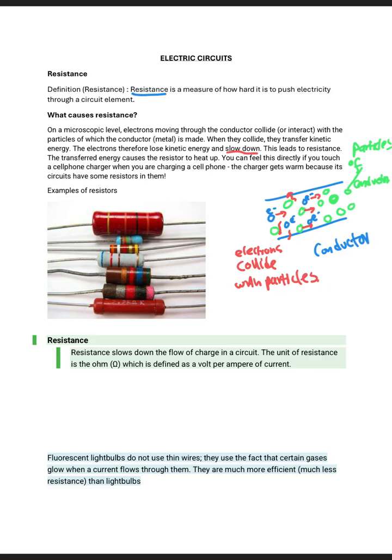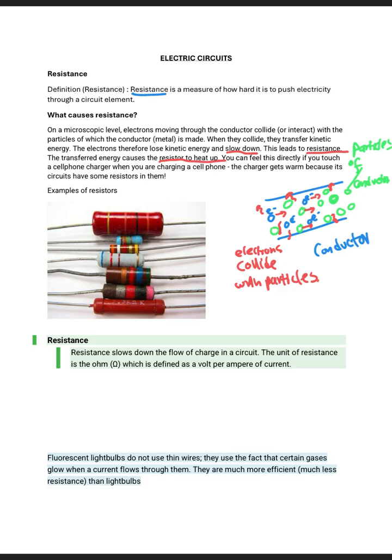The transferred energy causes the resistor to heat up. Because they are transferring kinetic energy, that kinetic energy is released in the form of heat, and that measure of heat released when the electrons collide inside the metal or conductor is what we measure as resistance. You can feel this directly if you touch a cell phone charger.